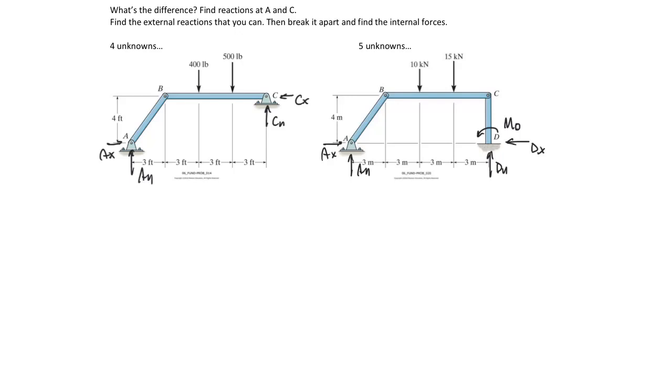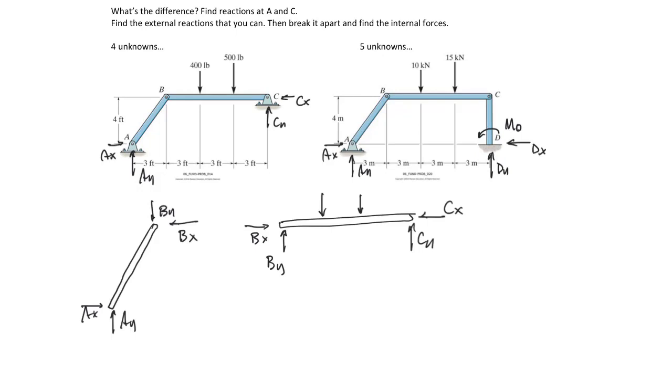So let's go ahead and solve this one here, and let's see what we can come up with. What I'm going to do is draw, again, what I'm looking for is the external reactions. I'm going to draw two free body diagrams and see what we can do.